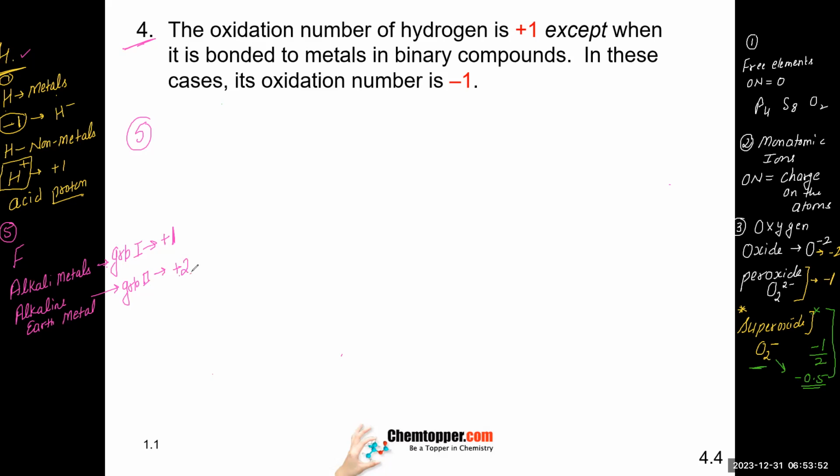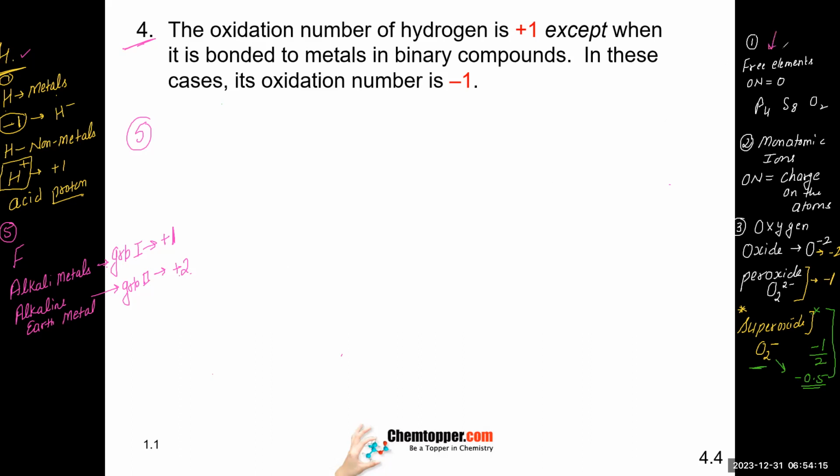Arana, what is 8? Oh, noble gases, their oxidation number is 0. They are pure elements, not 8. Noble gases fall in these free elements, rule number 1.